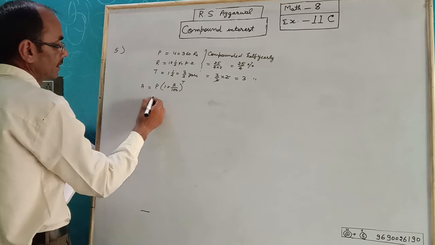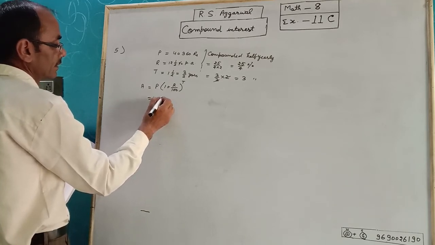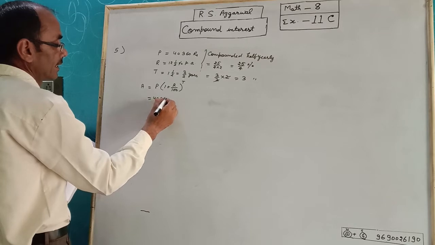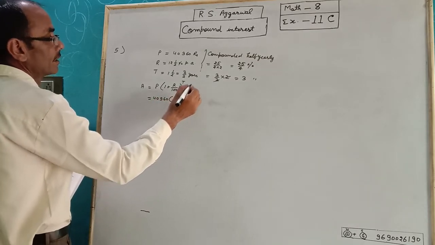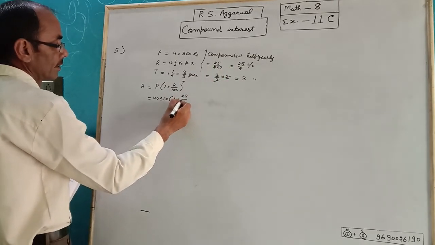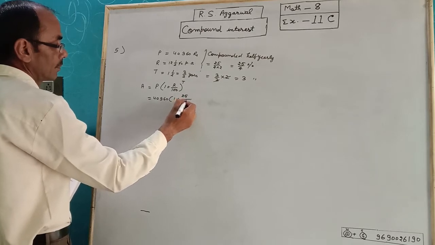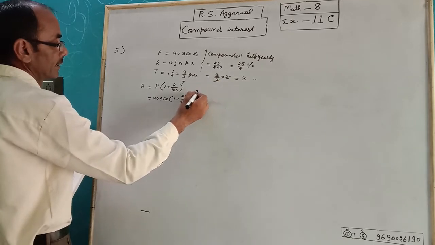P value is 40,960. 1 plus R, write the 25 upon 4 upon 100, power is 3.